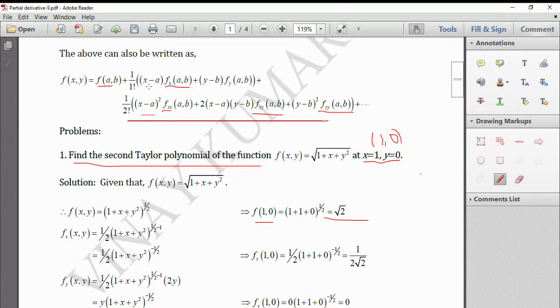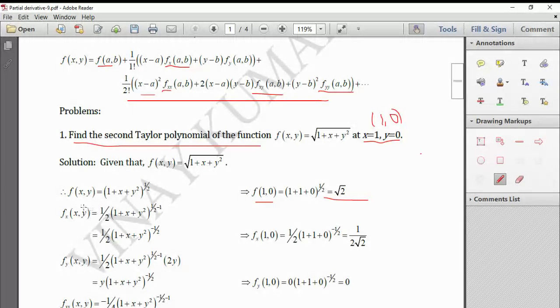First term we got. Next, we need fx. So partially differentiate this f with respect to x. When you are differentiating with respect to x, your y is constant. But this is a sum, so we cannot separate x and y, because we are adding all of them.